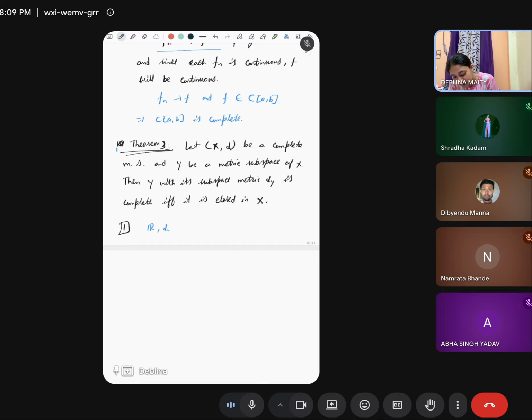Suppose R with dU is complete, right? Now the question is, is Q with this dU complete? Then the answer is no, because Q with the discrete metric will be complete. Any metric space with the discrete metric will be complete, right? So with respect to this metric, it will not be complete. Right?